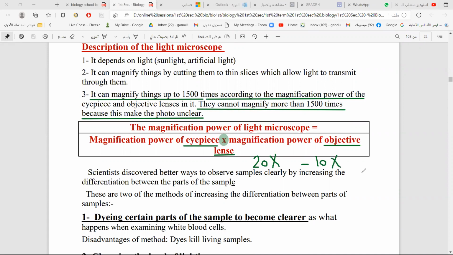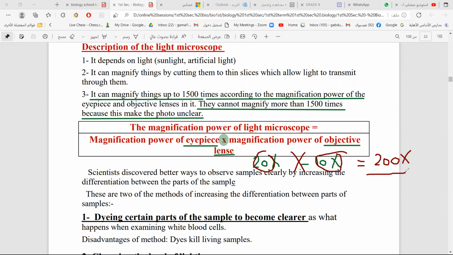If the ocular lens magnification power is 20x and the objective lens 10x, what will the total magnification of the microscope be? We multiply 10 by 20. 10 by 20 equals 200x.